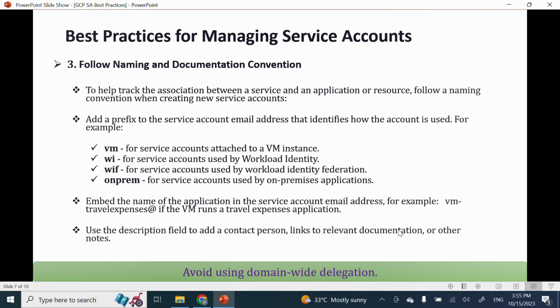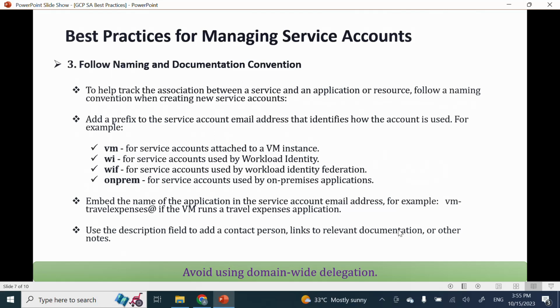Third, follow naming and documentation conventions. This will help you to track the association between a service account and an application or resource, following a naming convention when creating new service accounts. So you would like to add a prefix to the service account email address.